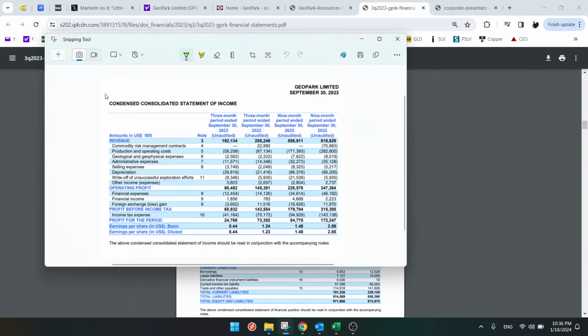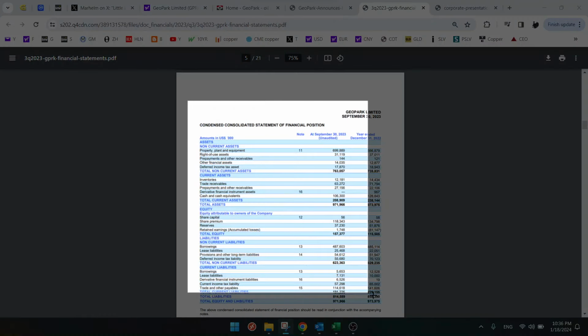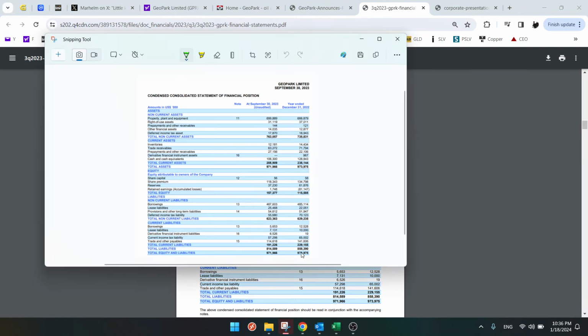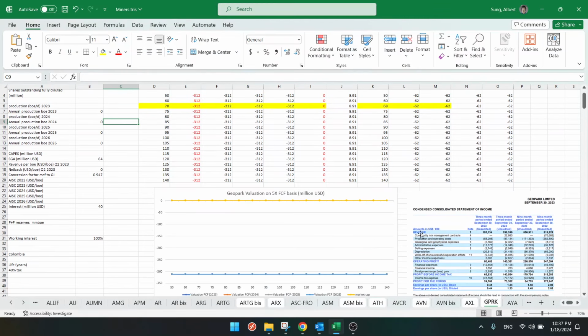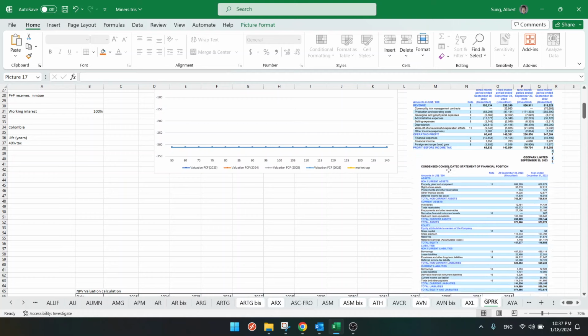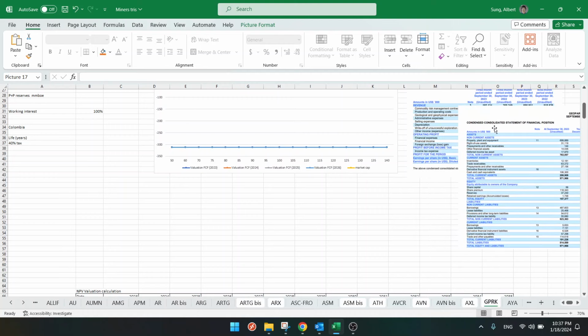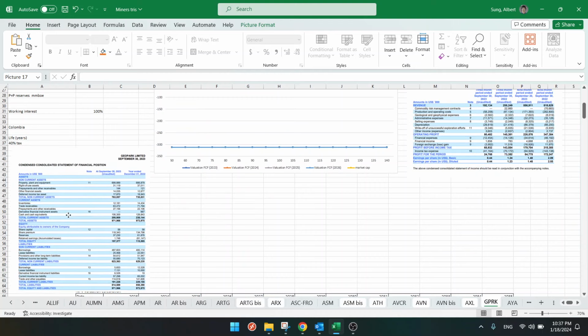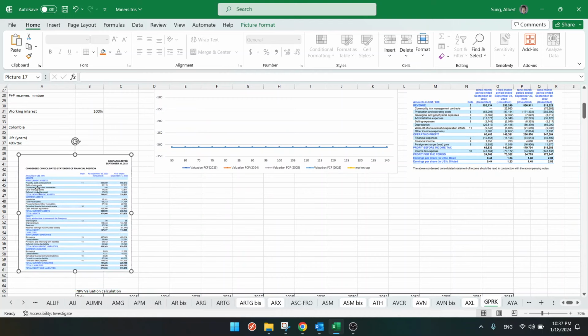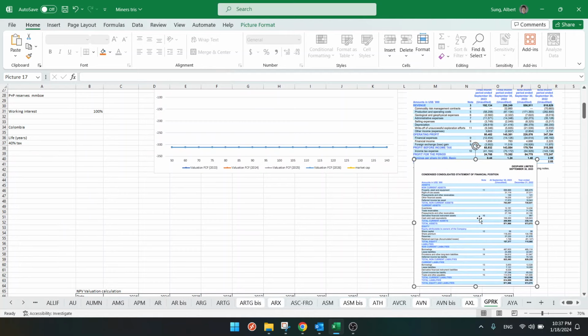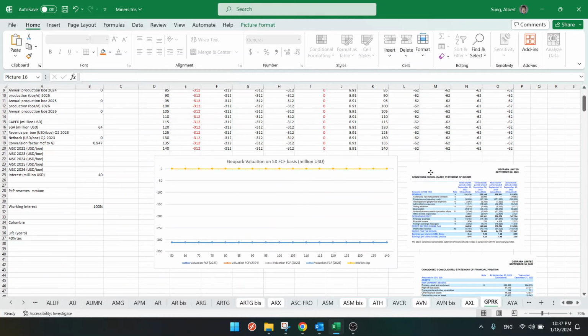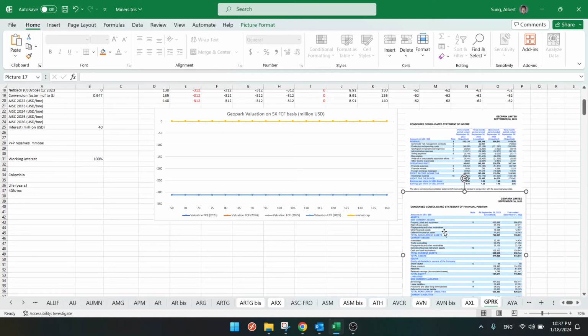Then let's look at the balance sheet. So on the balance sheet, we have current assets of 209 million.